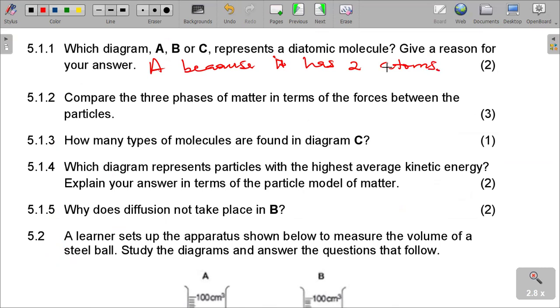And then the next question is saying, compare the three phases of matter in terms of the forces between the particles. So the forces between particles of solids are strongest.